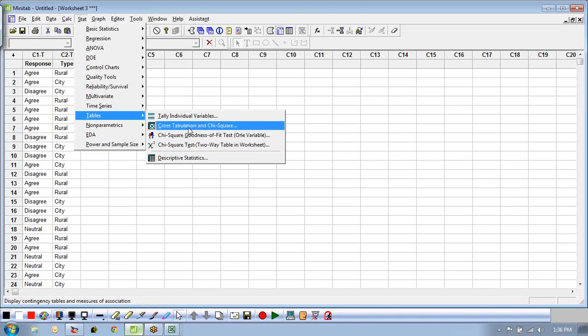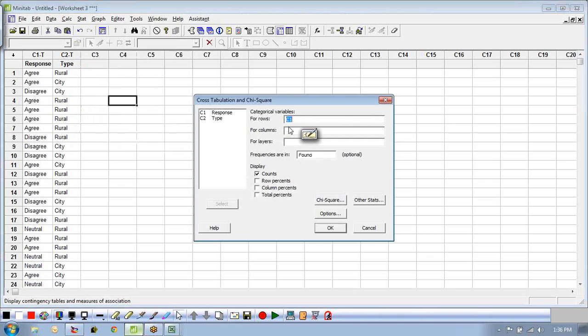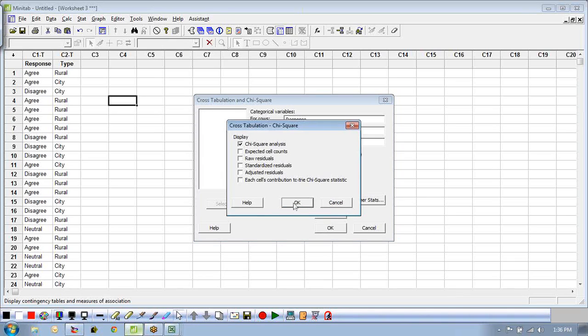And I'll show you how that looks in just a moment. Let's do this one first. Cross-tab and chi-square. Okay, so the first thing is we'll just put in the row and the column. This is just how the table layout is going to look. It's not how it is in Minitab. We just want to put in our variables. One row, one column. Click on chi-square, and we're going to ask it to do the chi-square analysis.